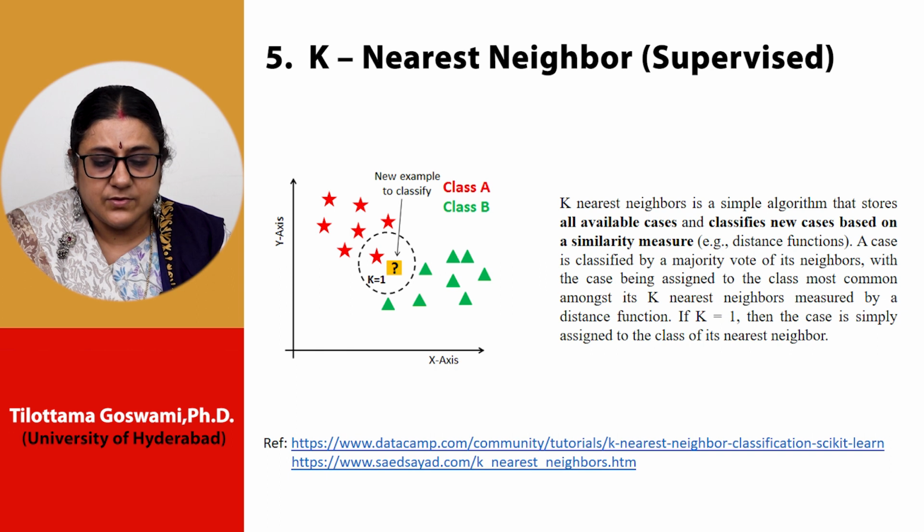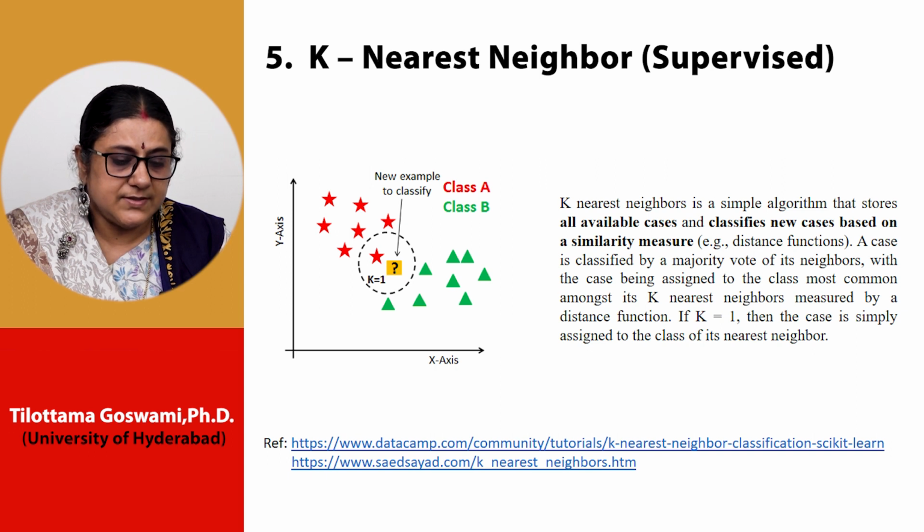So if k is equal to 1, that is only the nearest neighbor, then simply we assign the same class as that of the nearest neighbor. So here these are the two classes, class A and class B. And now if we have taken k equal to 1 and we need to assign the class to the question mark, then we take one of them, k equal to 1.